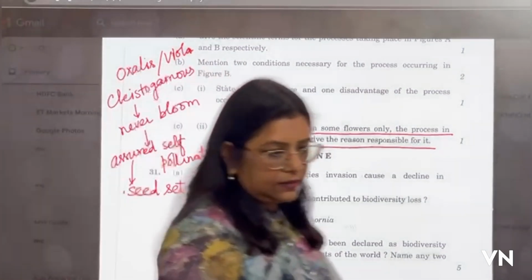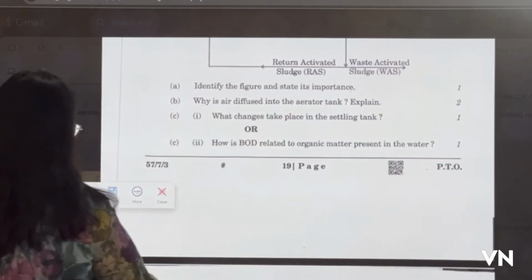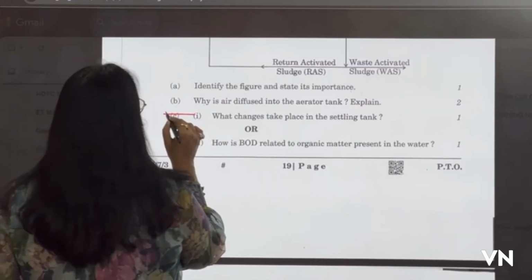Okay. Next is settling tank. What changes take place in the settling tank?